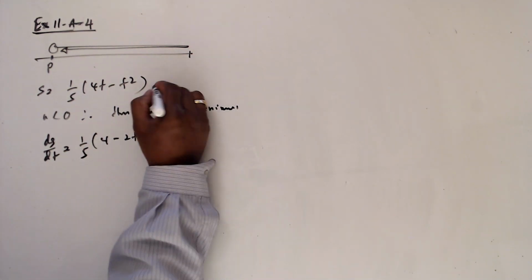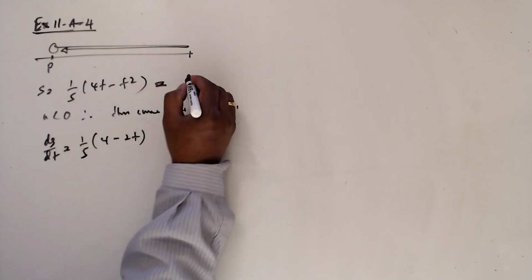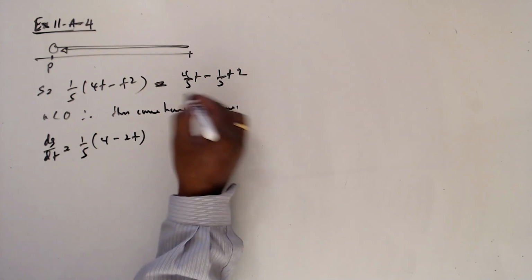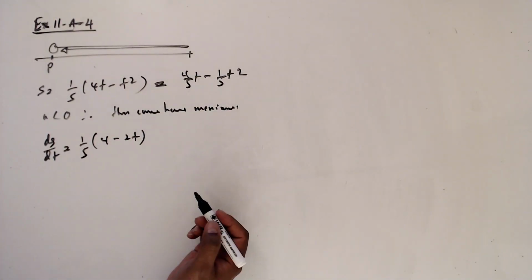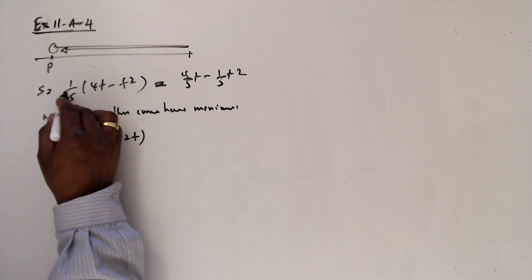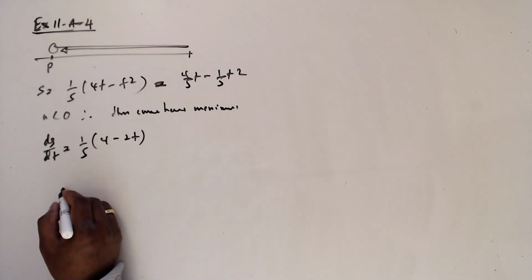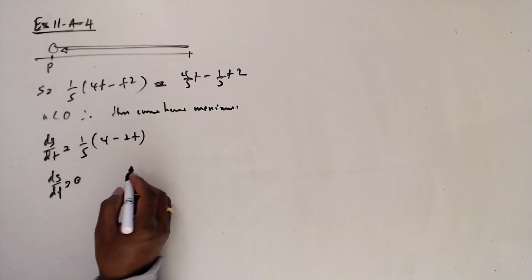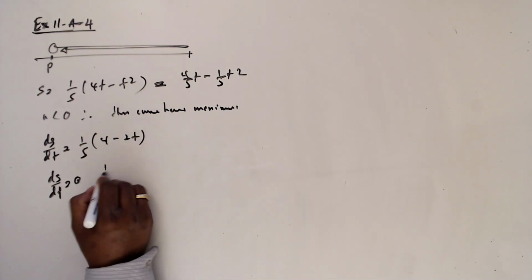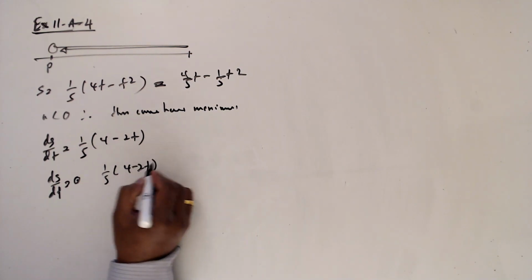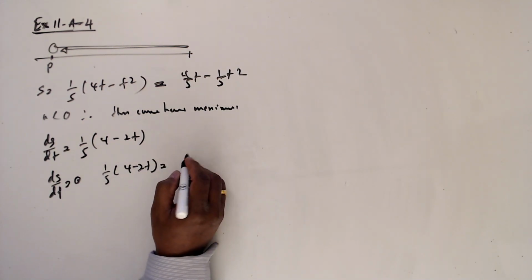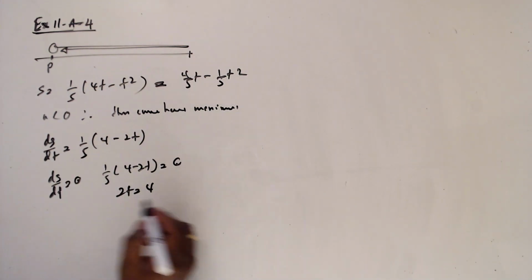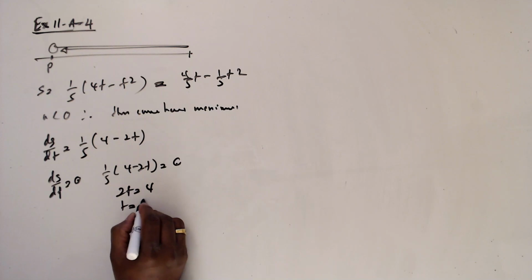If you feel this is confusing, you can multiply it out, 4 over 5 t and 1 over 5 t square, and find ds over dt, but the 1 over 5 will vanish when v equals ds over dt equals 0 to find the max or min. So 1 over 5 (4 minus 2t) equals 0, 2t equals 4 and t equals 2.